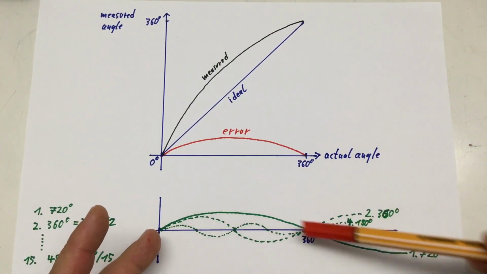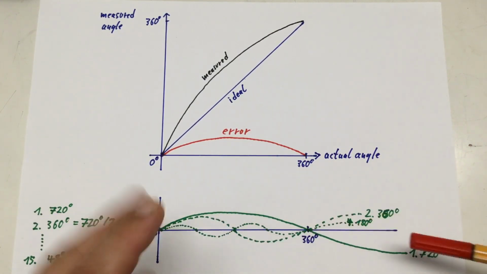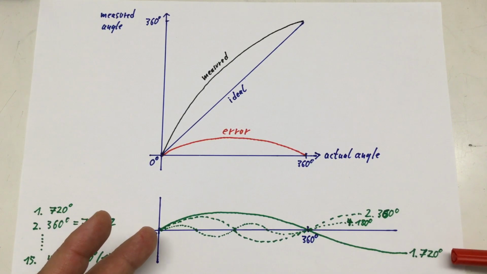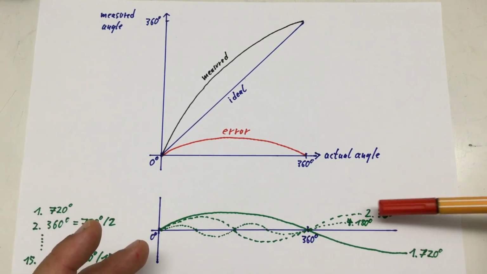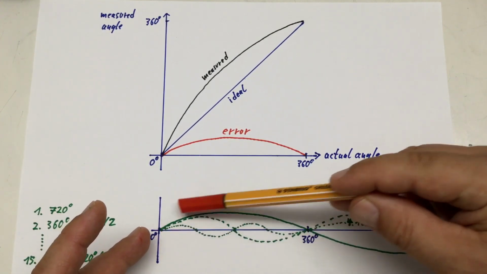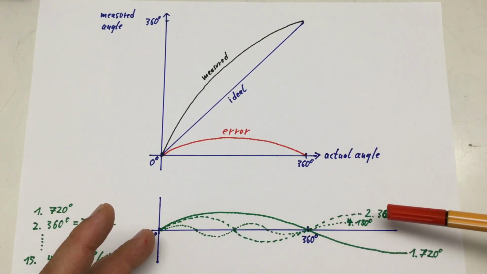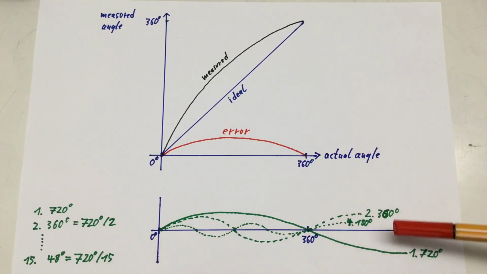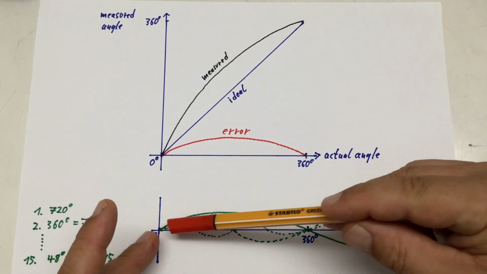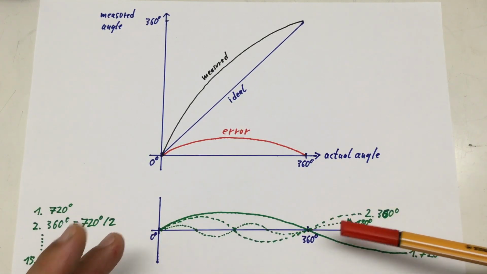And I've just drawn here our base wavelength of 720 degrees. Then the next harmonic here at 360 degrees, the dashed line, and then I have here the fourth harmonic of 180 degrees. That's the dotted line.